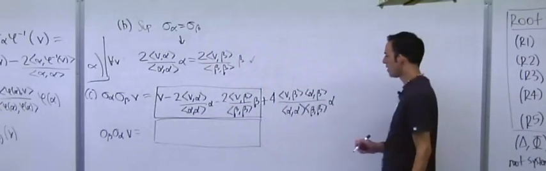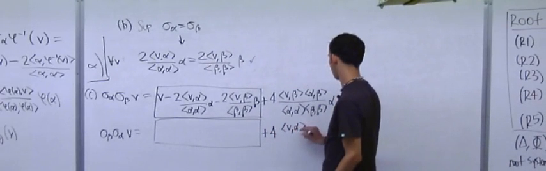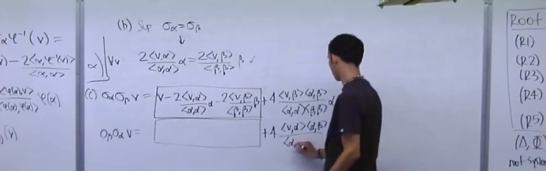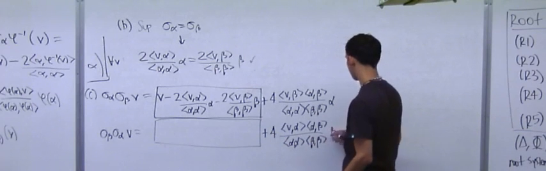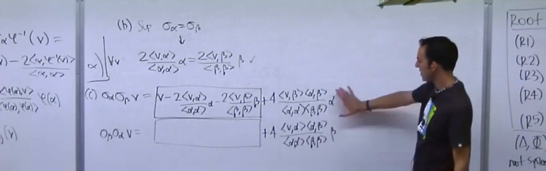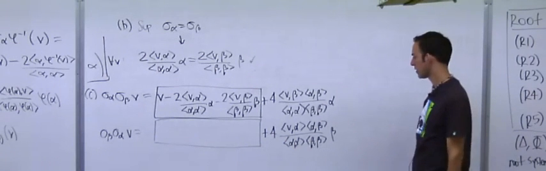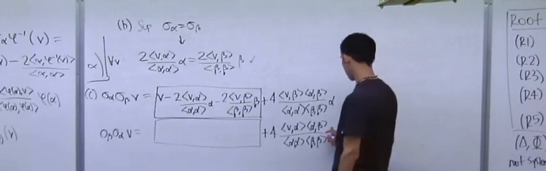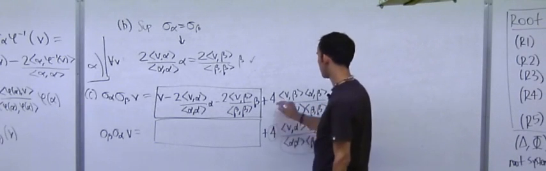And here, I'm going to get the same thing, but switching the roles of alpha and beta. Okay? And so what I'm asking myself is, when are these two things equal to each other? But again, you see that most of it is already equal to each other. For example, the denominator is the same in both. The 4 is the same in both.